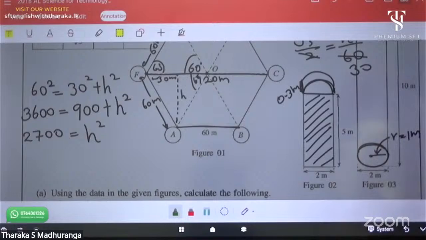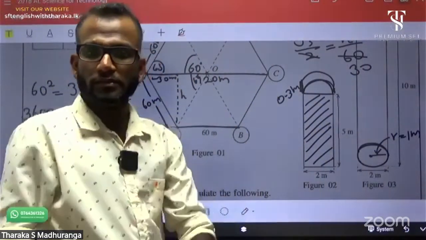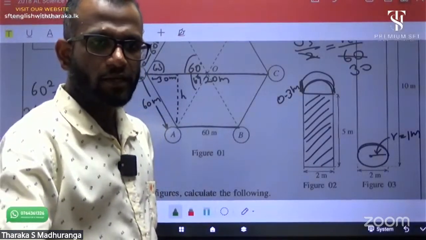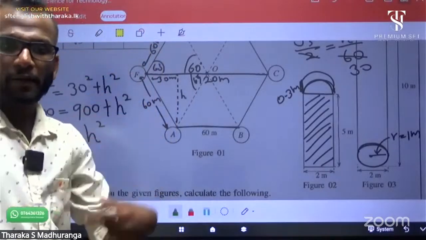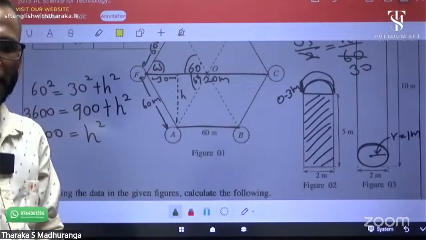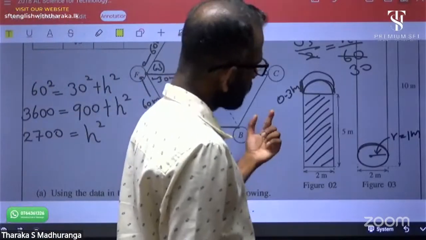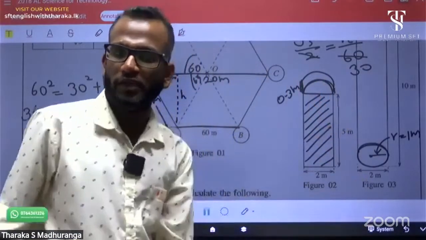Okay, what is the mass? First you can get the volume, no? How to get the volume of any uniform cross section object?